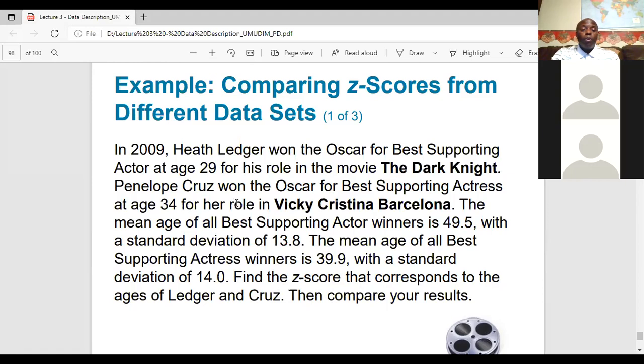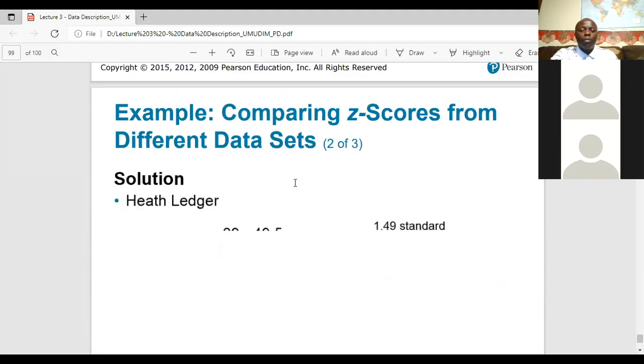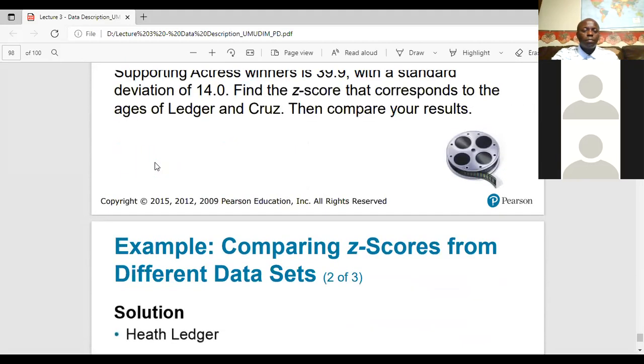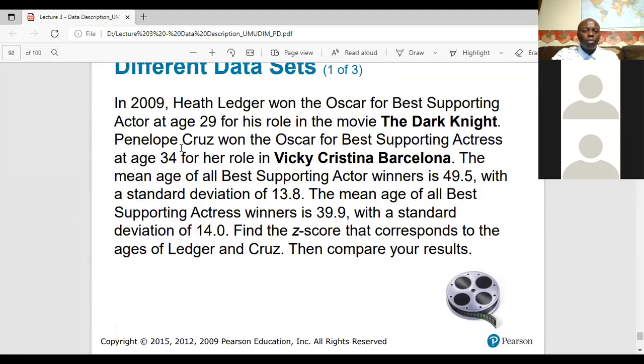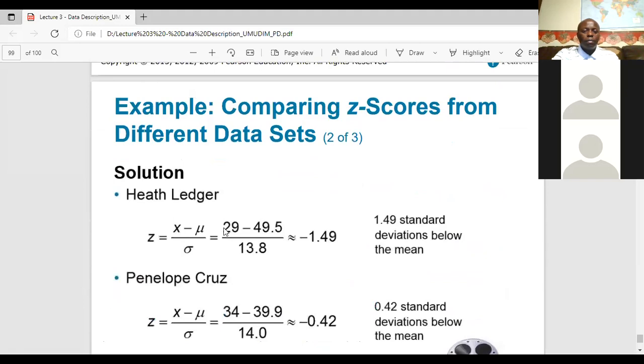Now, all you have to do is write out the values for X, mu and standard deviation, then solve it out. For example, for Heath, he won it at the age of 29 years, so your X is 29.